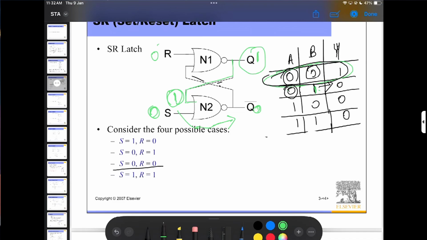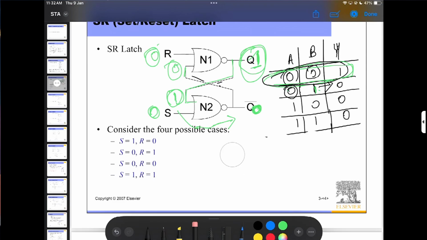So 0 and 1 gives me the output of 0. You can see this is 0 and this 0 goes to here, and this 0 and this 0 give me the output 1. Again, it's a holding position. So S and R both 0 is a hold condition. Whatever my previous output was, that holds in the next output, next state.